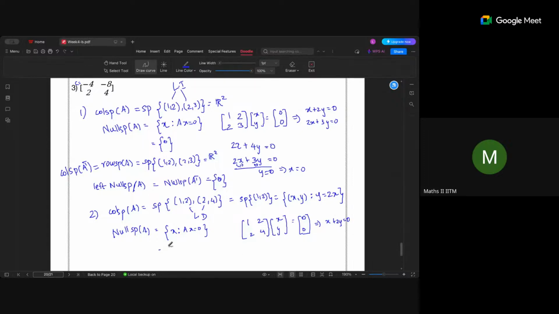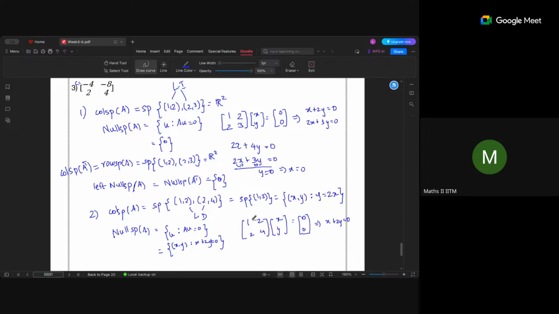That is going to give you the set of all (x, y) such that x plus 2y is equal to 0. Maybe here instead of x I should write u or v: u such that Au is equal to 0.